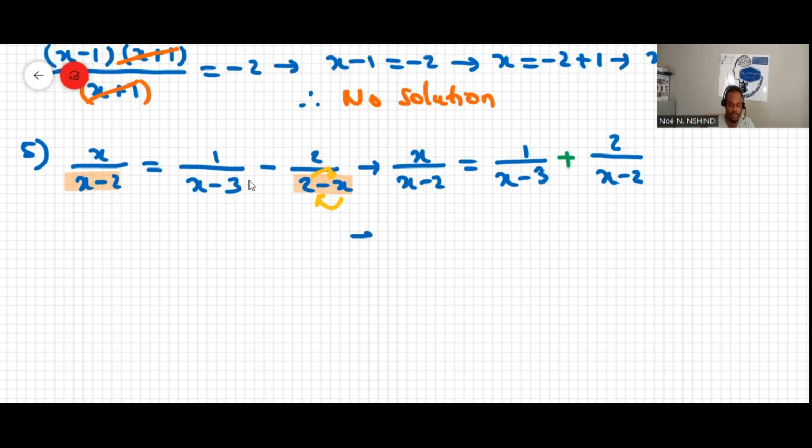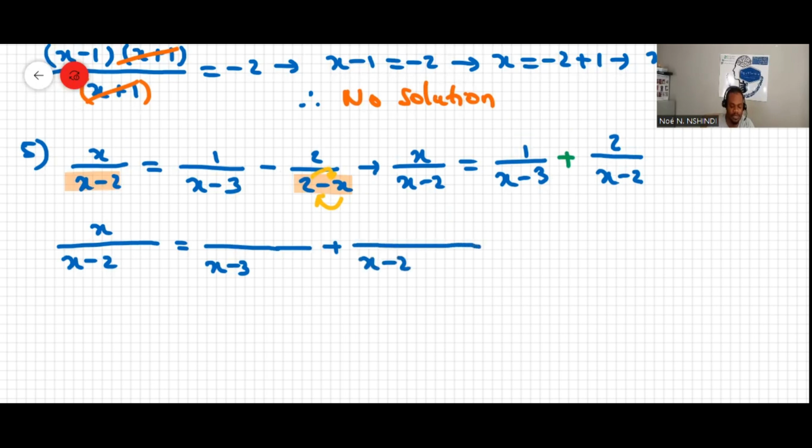So this will be what? We have x minus 2 there, under x equal to x minus 3 plus x minus 2. There it's under 2, and there it's under 1.